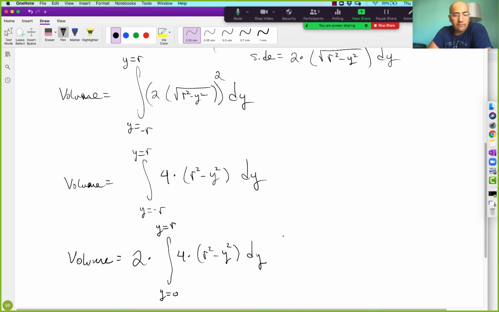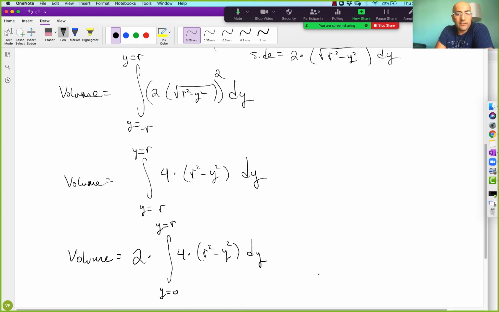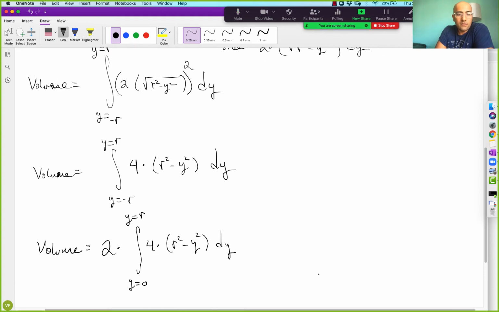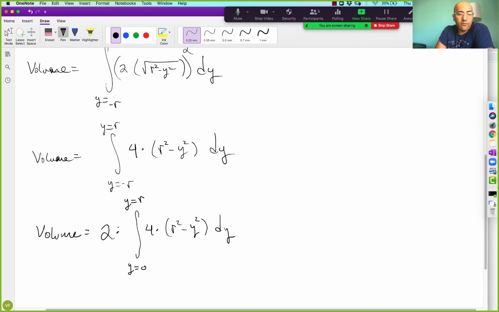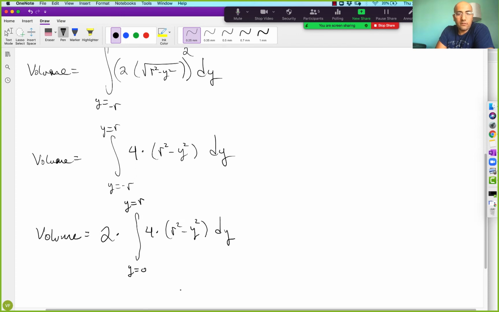And that's actually a fairly easy integral to find, right? Remember, r is some constant. It's the radius of a circle for the floor of this shape that we don't know yet. So it's a constant to be described later. I can pull that 4 out, make it 8 out there.